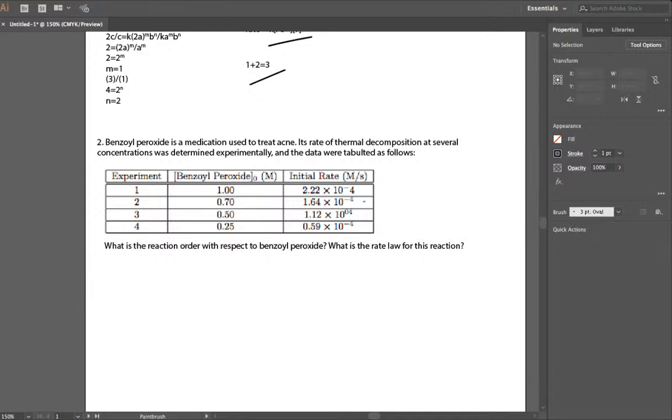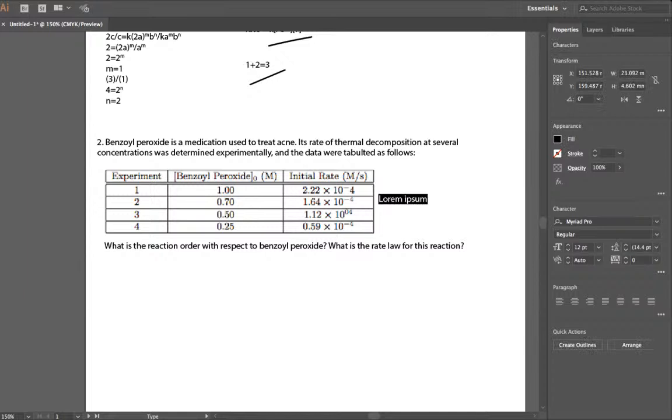That's around, let me just write that in straight away. This here is 0.74. Pretty accurate, I should say. And then 1.12 divided by 2.22, that's pretty good, 0.50.